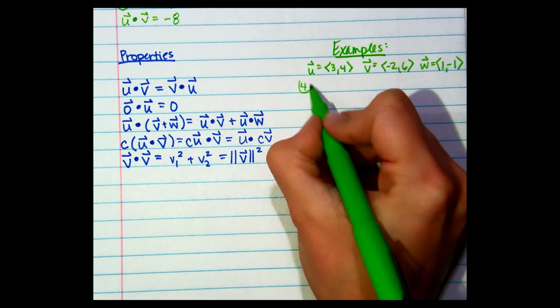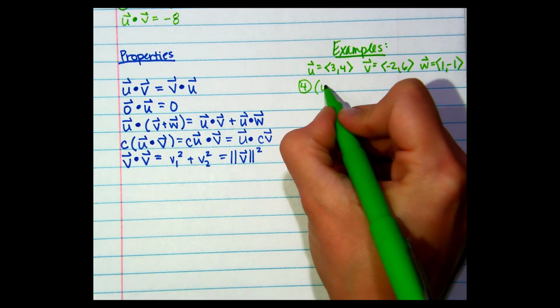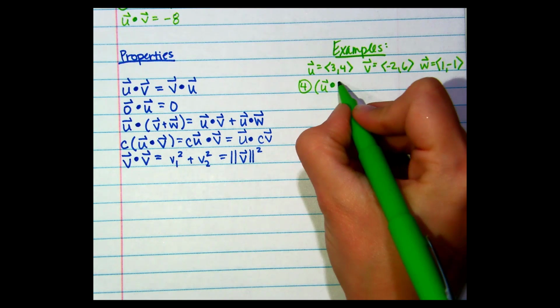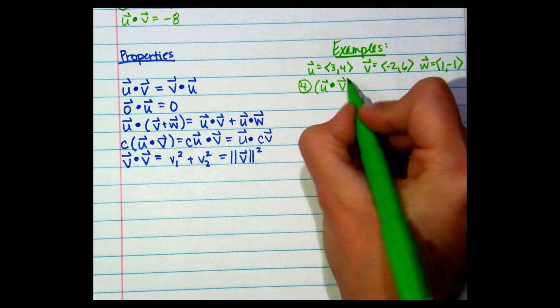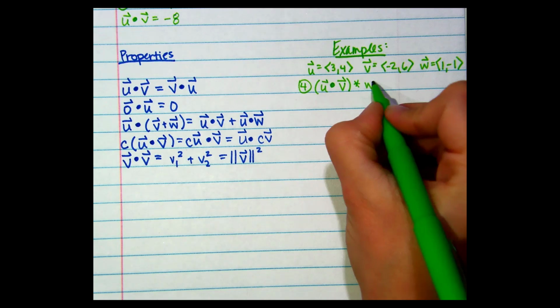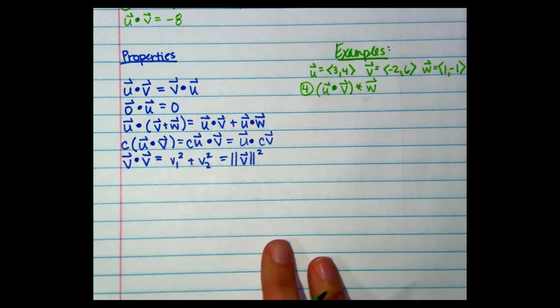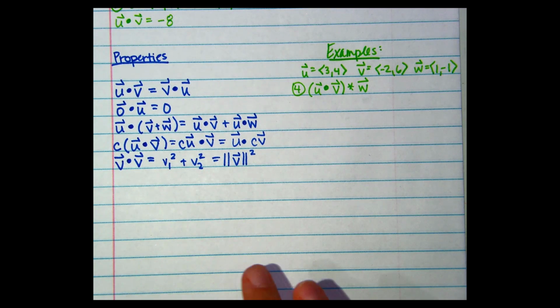Let's calculate U dot V times W. Notice that I did my times symbol as an asterisk. That helps me mentally to recognize that dot product and multiplication by a scalar are not the same thing. Those are two different processes, and so I use two different symbols for them. So the big dot is dot product. The asterisk is going to be scalar multiplication.